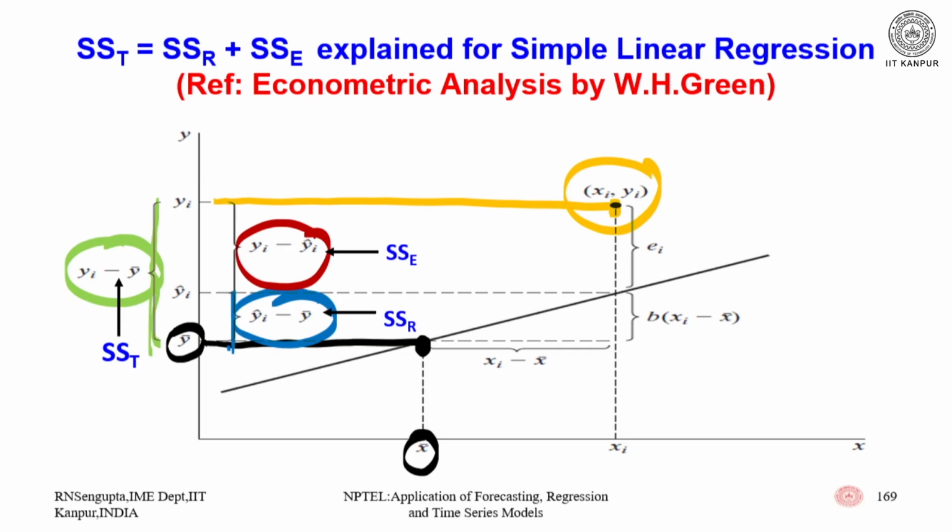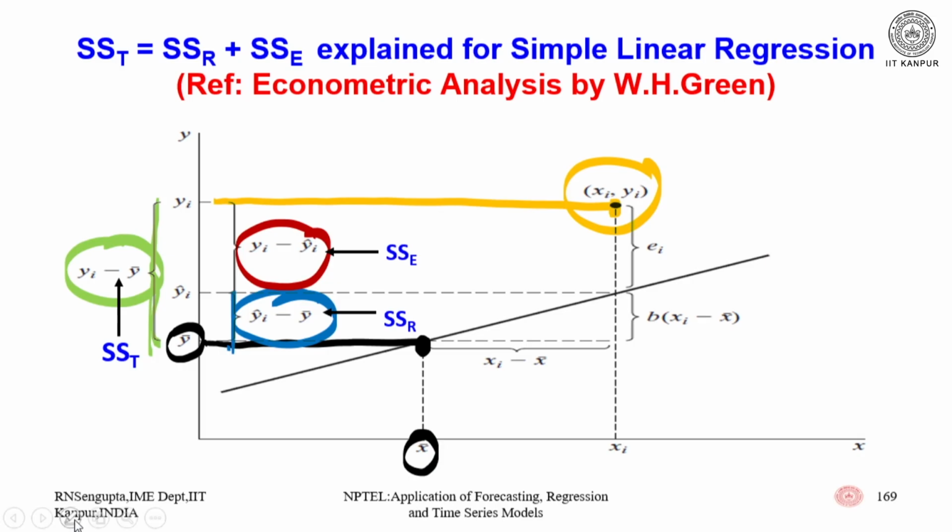Actual value yi, predicted value yi hat, and that is given by the error which is coming from the non-explained part, coming from the white noise, then you square them up, sum them up, and that is given by the sum of squares of the errors.